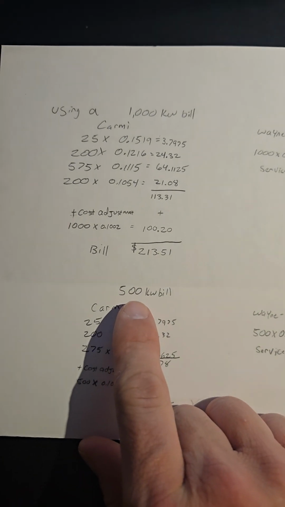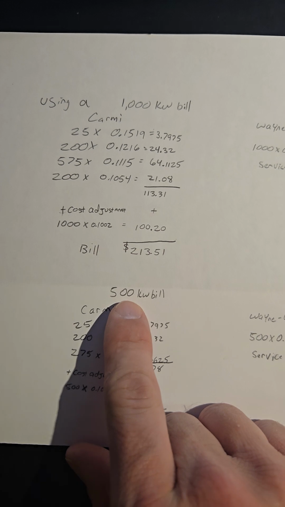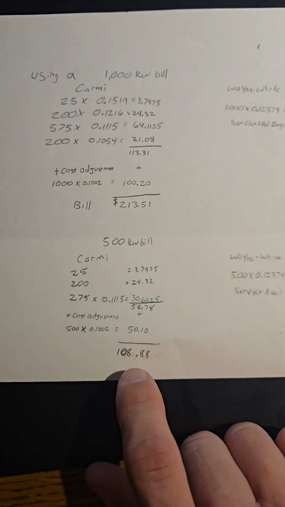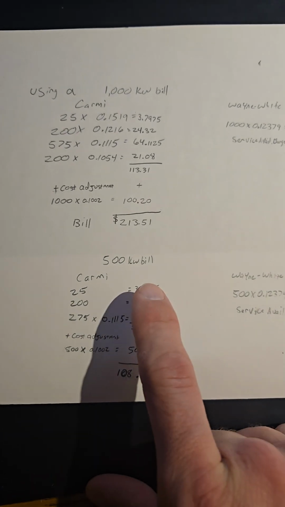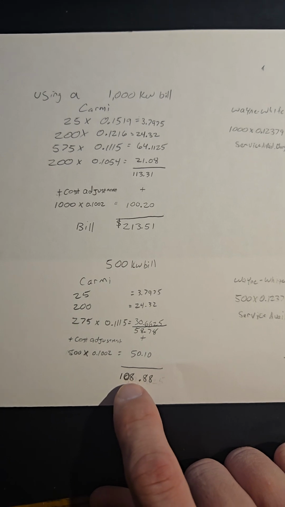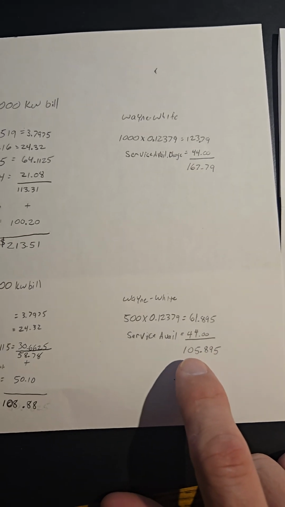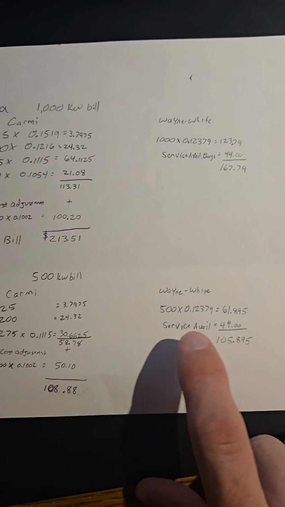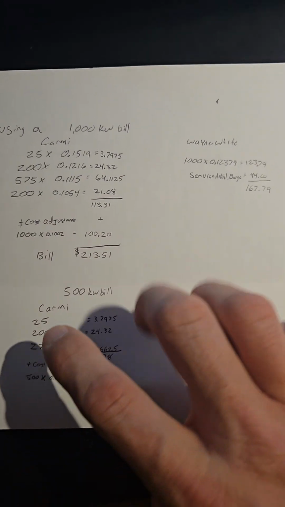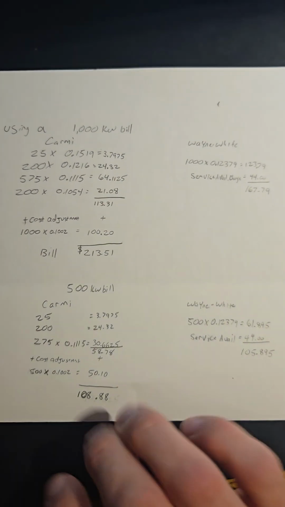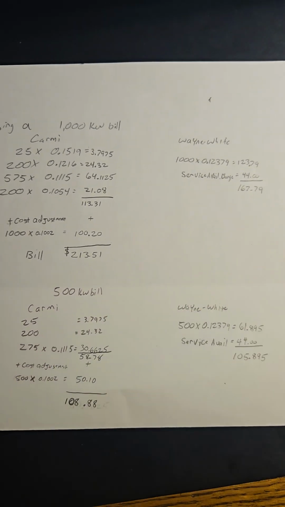If you had a $500 or a 500 kilowatt bill, your bill added up the same way is going to come out to about $109. And at Wayne White, it's going to be about $106. It's very similar. A 500 to 1,000 kilowatt bill, very, very average.